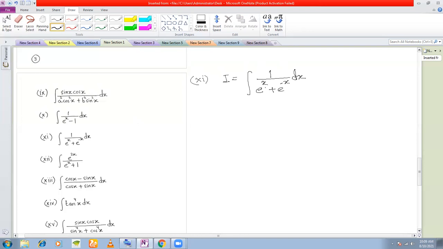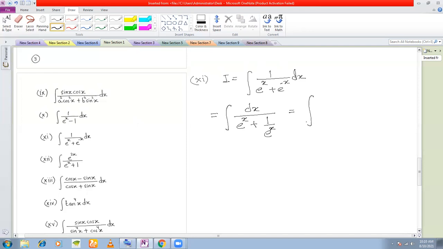Now see, again we don't have anything in the numerator. So we try to bring e to the power of x in the numerator by writing e to the power of minus x as 1 by e to the power of x.